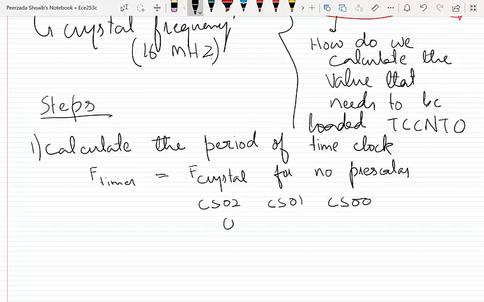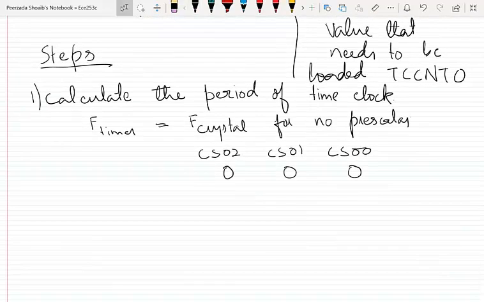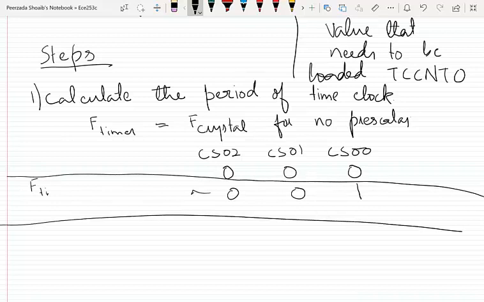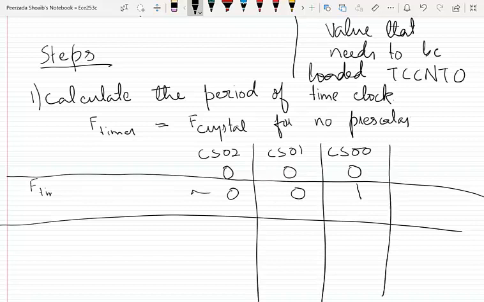If we load 000 here, that means we are not feeding any frequency to the timer, that means our timer won't work. But if we are loading 001, in this case timer frequency f timer will be equal to f crystal.